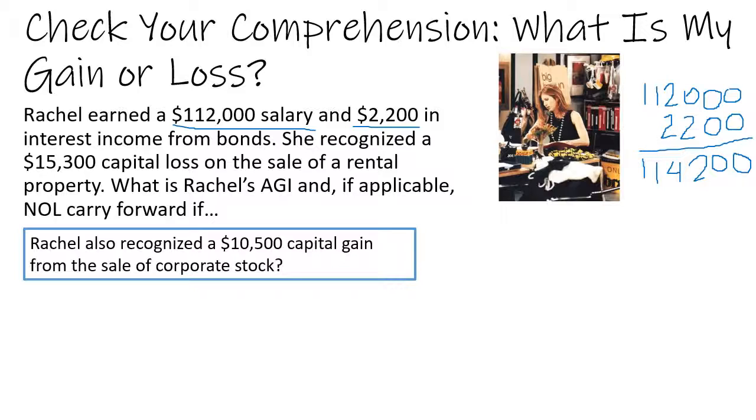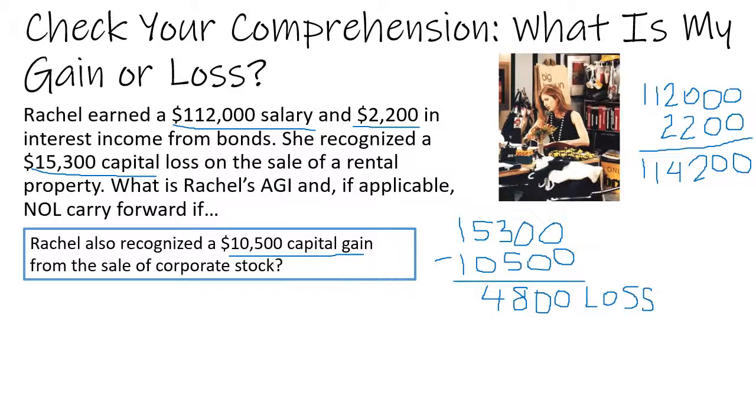She has, in this scenario, both a $15,300 capital loss and a $10,500 capital gain. So what does that mean for her AGI? Well, we can net the capital loss against the capital gain to determine whether she has a net loss or a net gain. This yields a net loss of $4,800.